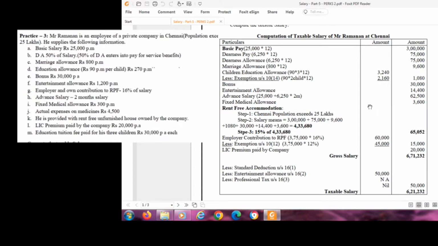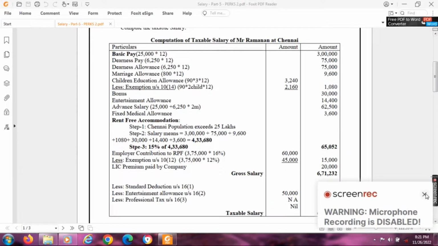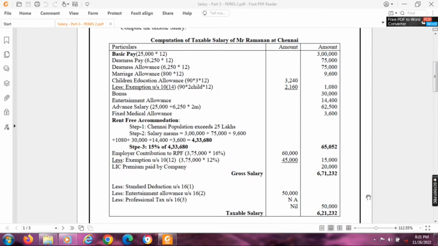Based on that, step 2, salary means basic salary, DNS payment. DNS allowance will not be accounted, that should be excluded. Marriage allowance 9,600, children education allowance, the taxable portion 1,080, bonus rupees 30,000, entertainment allowance 14,400, fixed medical allowance 3,600 will be accounted.